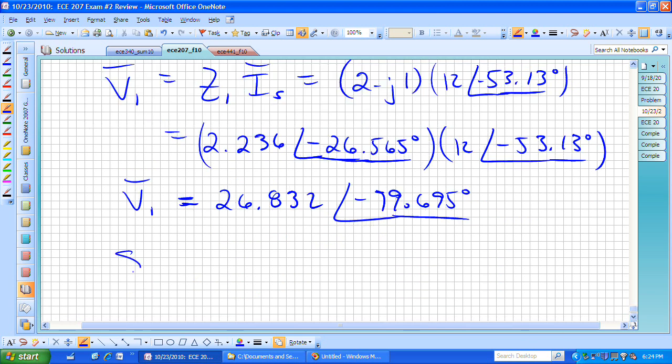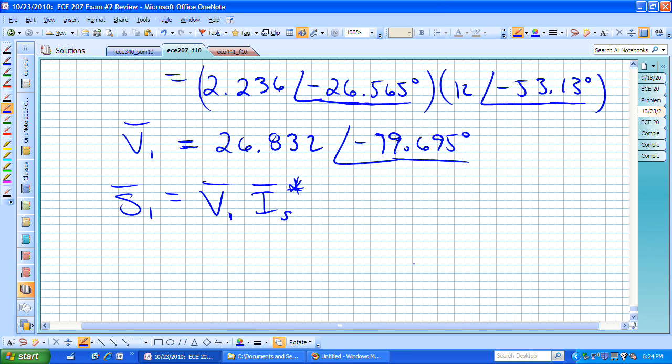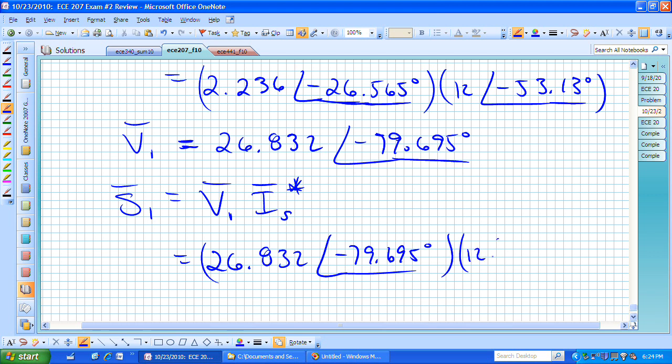We can find our complex power for S1. That's simply V1 times the conjugate of the current through that load, which is I sub S star. V sub 1 is 26.832 at minus 79.695 degrees. That's multiplied by our current's conjugate, which is 12 at 53.13 degrees.